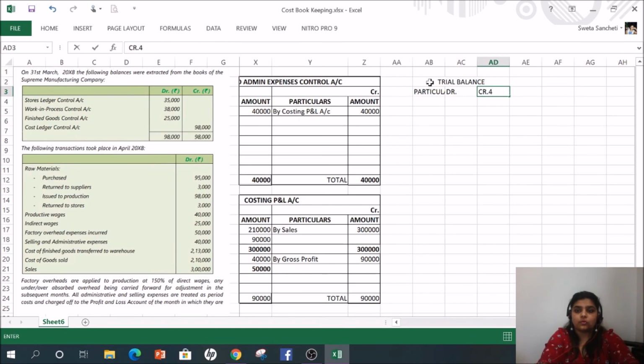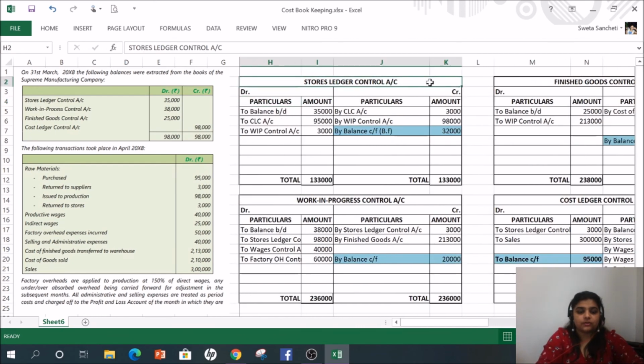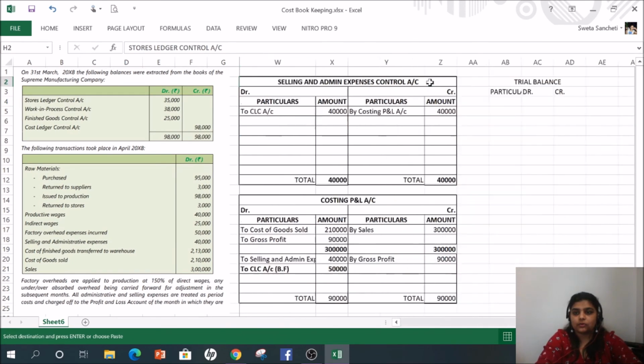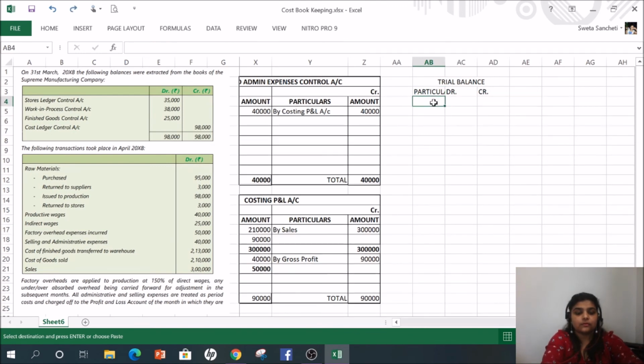Okay, so we have balances for our stores ledger control account, that is 32,000. Stores ledger control account 32,000.